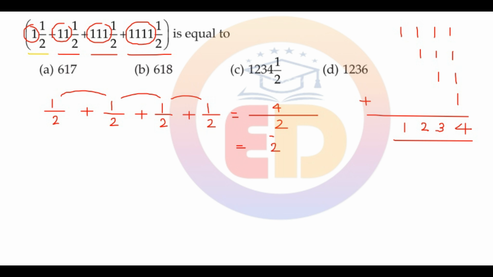So on adding the fractions, I get 2. On adding the whole numbers, we get 1234. Let's add them. 1234 plus 2. My final answer is 1236, which is option number D.